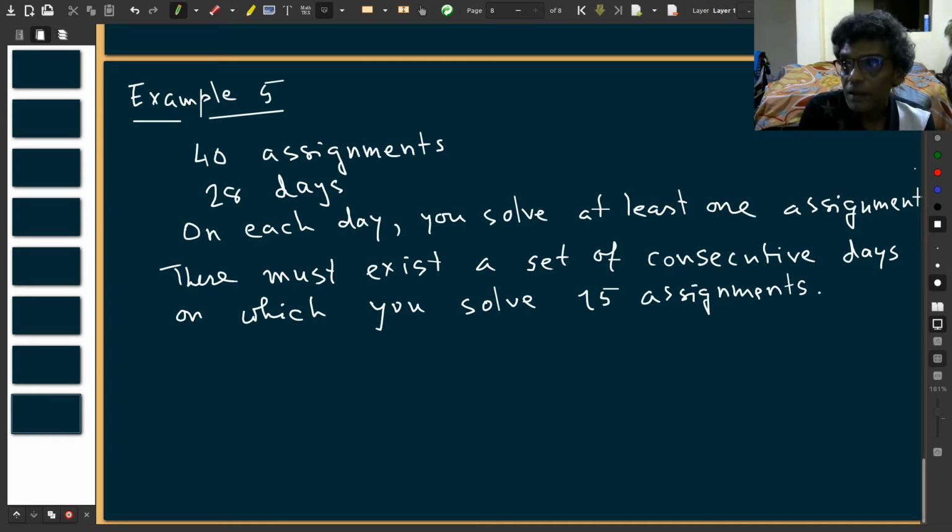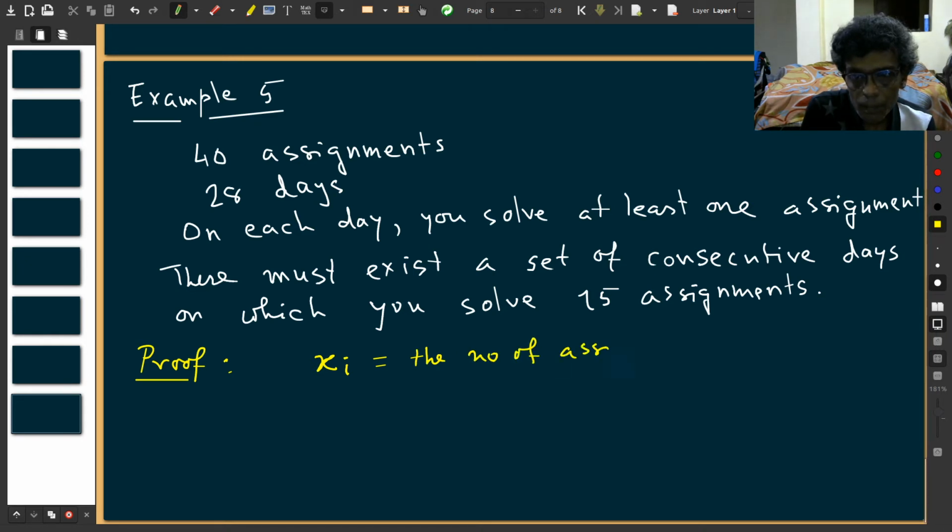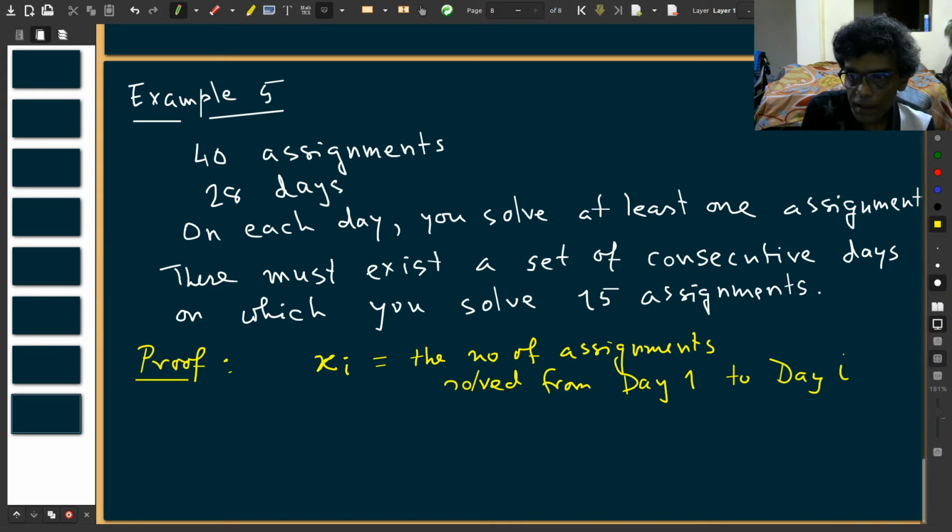so why? Once again, let us look at a proof of this. So let us say xi is the number of assignments solved from day 1 to day i.